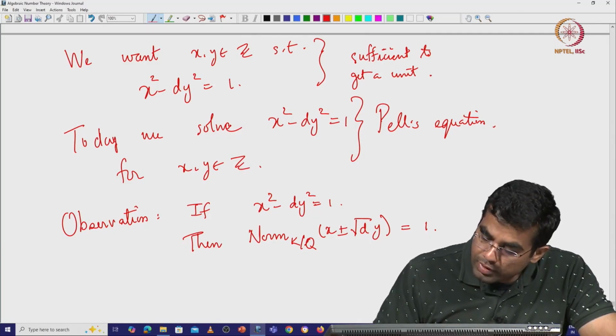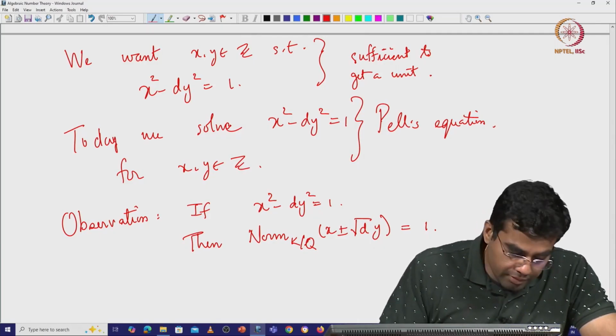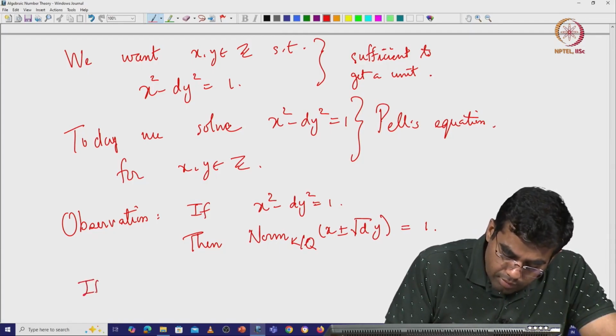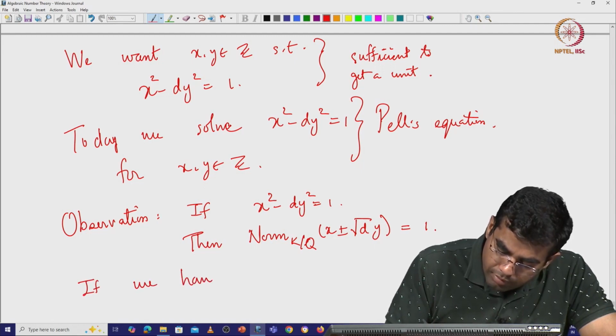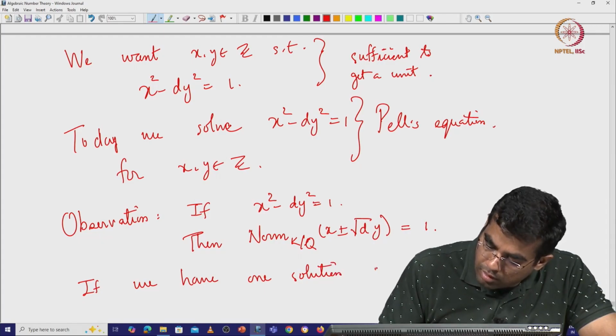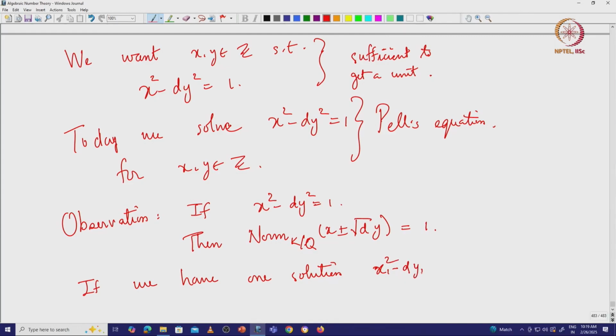All right. So, once you write it like this, it is clear that the following happens. If we have one solution x1, y1, with x1 squared minus d y1 squared equals 1, then, whenever I say a solution, I mean a non-trivial solution, we can generate infinitely many solutions.